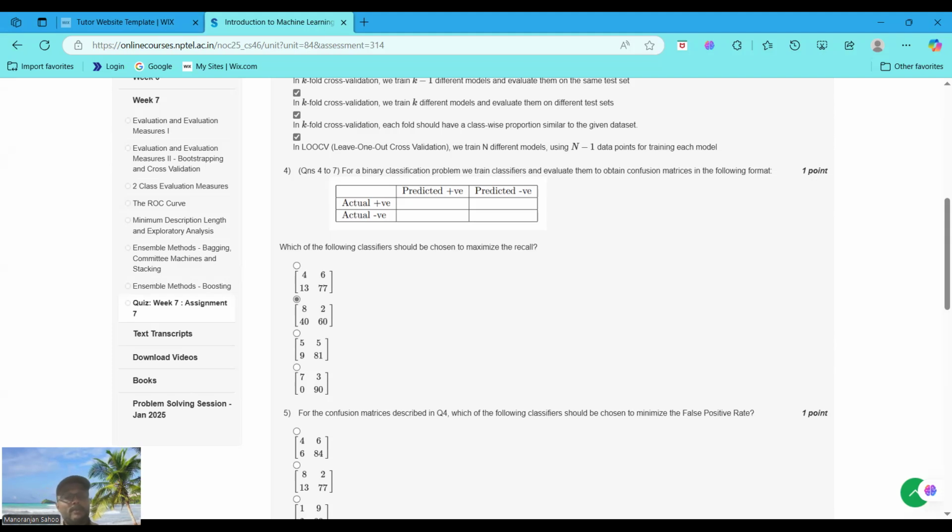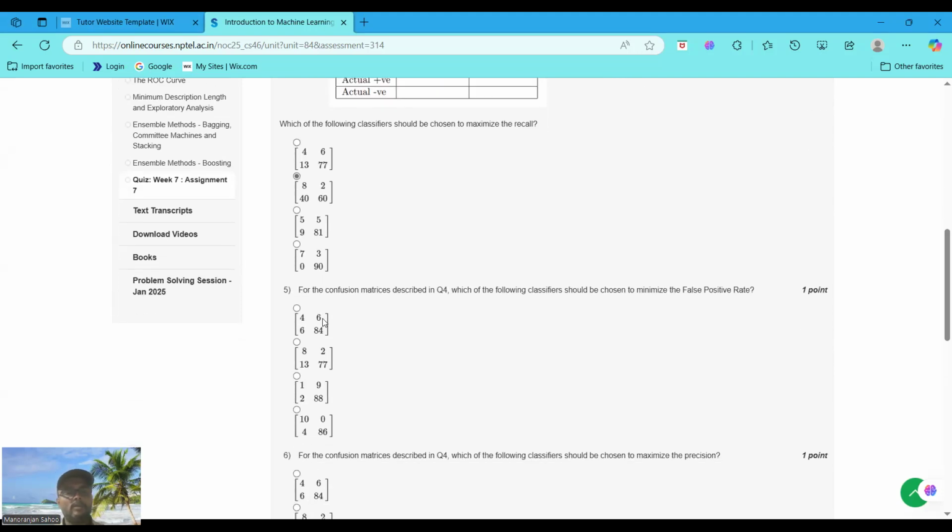So the classifier with the highest recall is the second option, which is 0.8: true positive 8 and false negative 2. Okay.